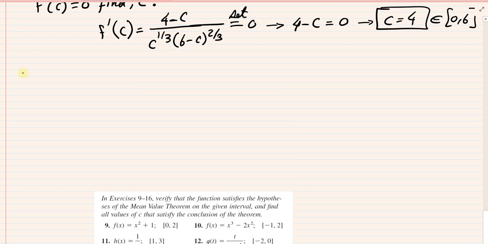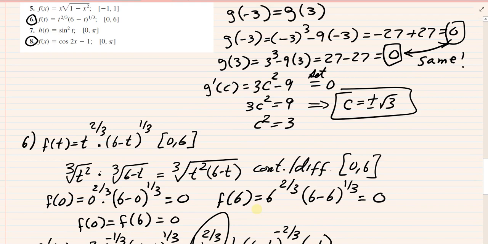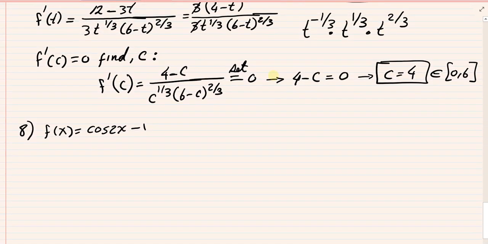In exercise number 8, here we have f of x is equal to cosine 2x minus 1, right? And the interval that we were given is from 0 to 2 pi.